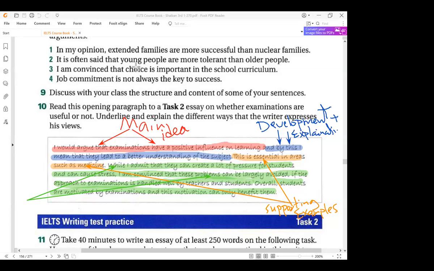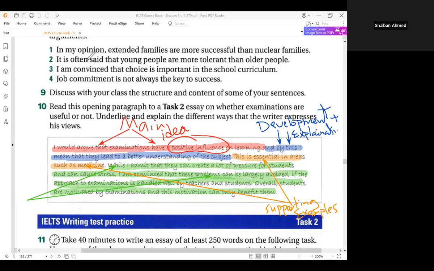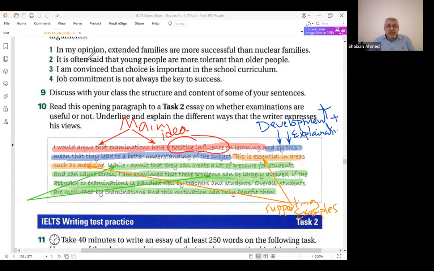So this is his main idea, positive influence on learning. Main idea. What do you mean by this? Or what does that mean to you? This means, or by this I mean that they lead to a better understanding of the subject. Example, this is essential in areas such as medicine.